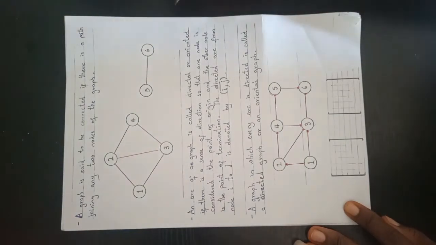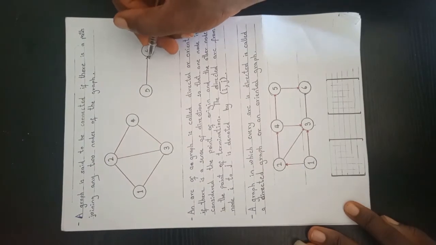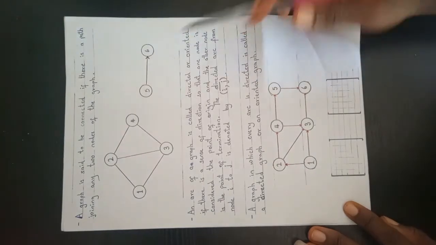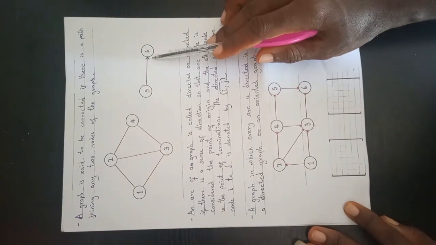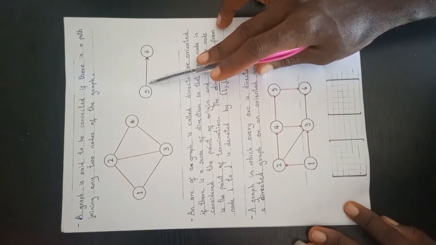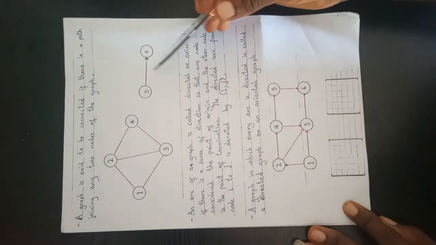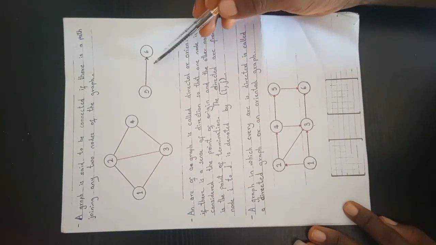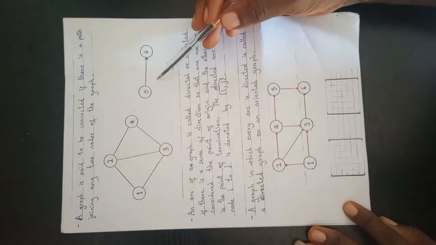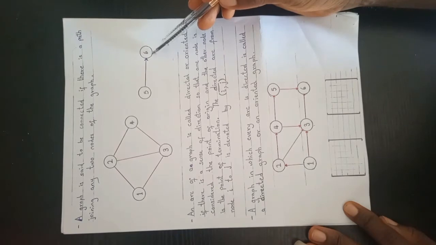So if you have a sense of direction right here in this arc, we call this arc a directed arc. Why? Because it's showing a sense of direction that we can move from 5 down to 6. And so we can label this arc here as 5, 6, but not 6, 5. Why? Because it shows a point of origin that is starting from 5 down to 6.